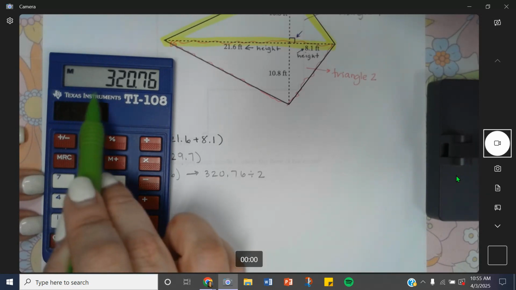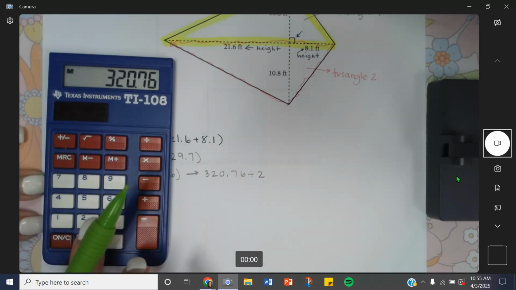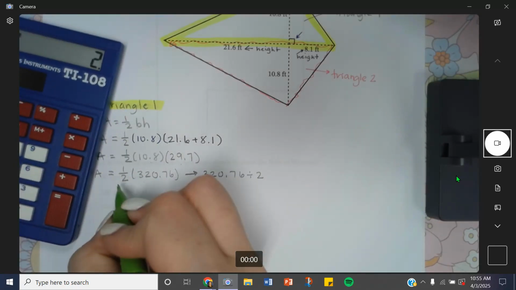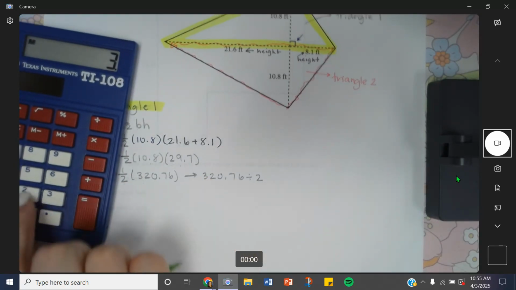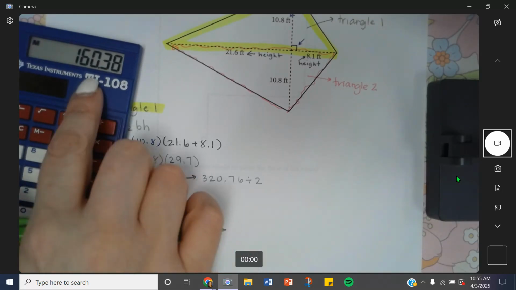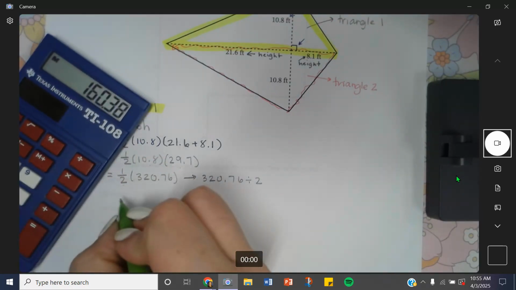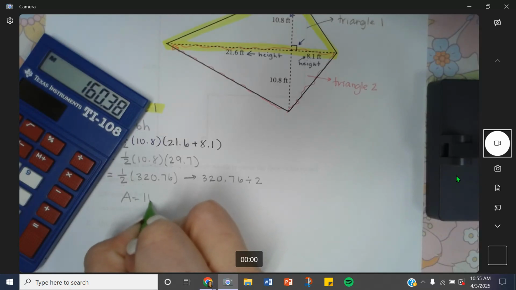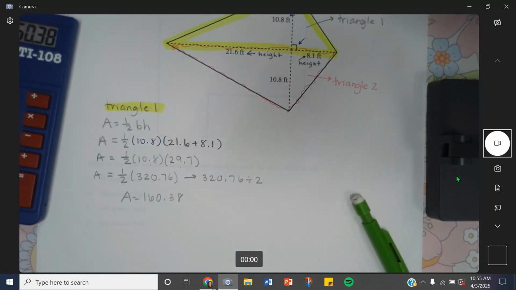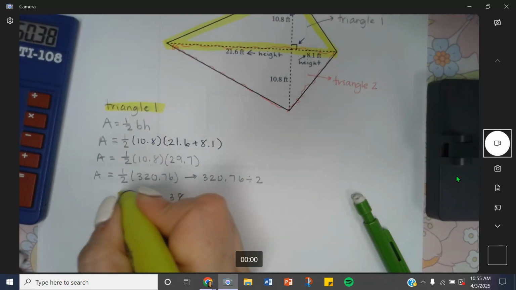So I'll do 320.76 divided by 2 to get the area of 160.38. And this is the area for the yellow triangle.